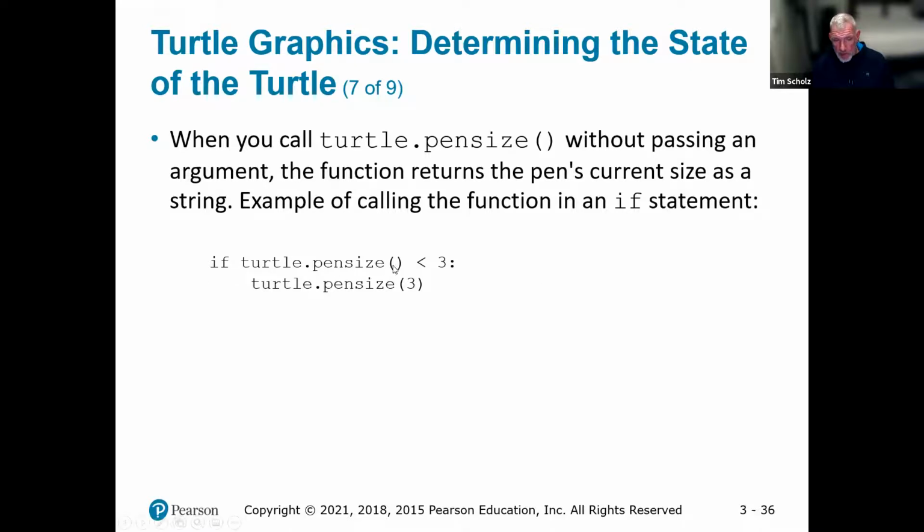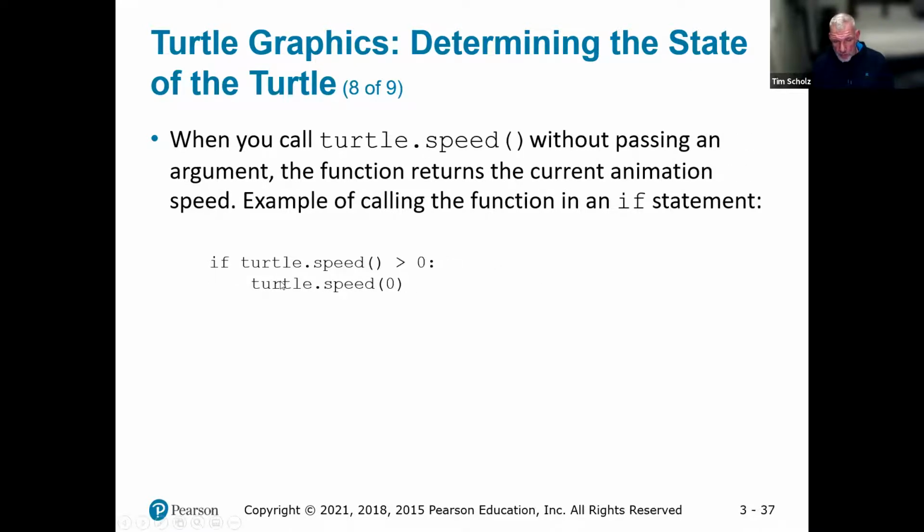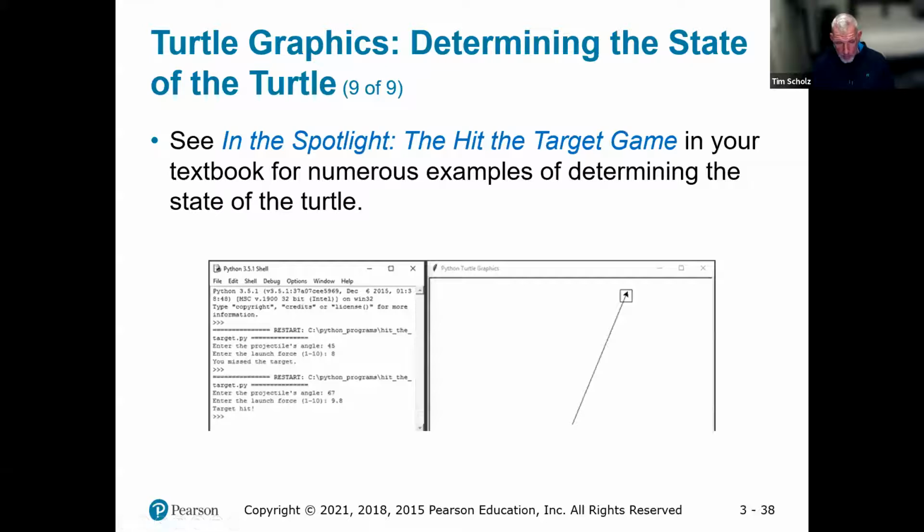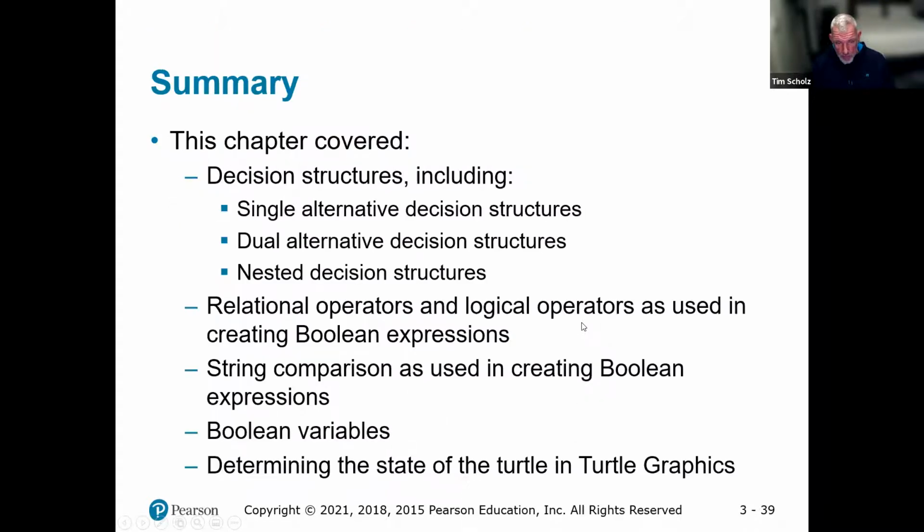If turtle pen size is less than 3, we're going to reset it to 3, so that way you can't go too small. And if the speed is 0, it's moving too fast, so we need to set it back. And again, this is an example from the textbook that goes through running the turtle graphics program.